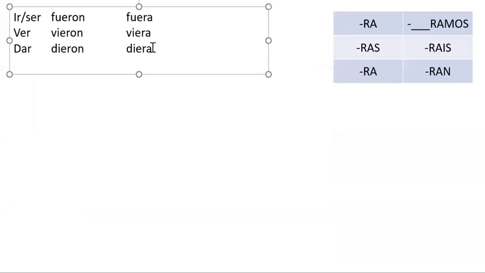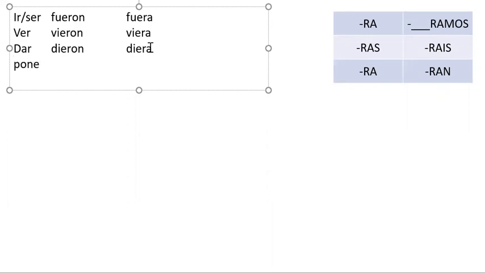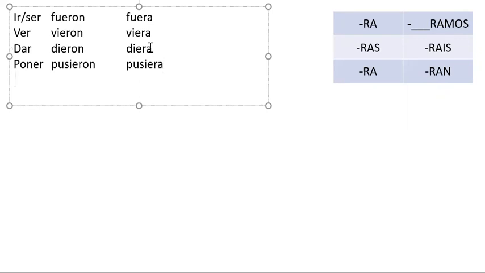So here, we're going to add on to some other irregulars. Remember, we had the morpheme verbs like poner. Poner had that PUS in the stem, and then we added those endings, which are the regular endings really. It has a different set, but in this case, it's still ieron, pusieron. So this becomes pusiera.